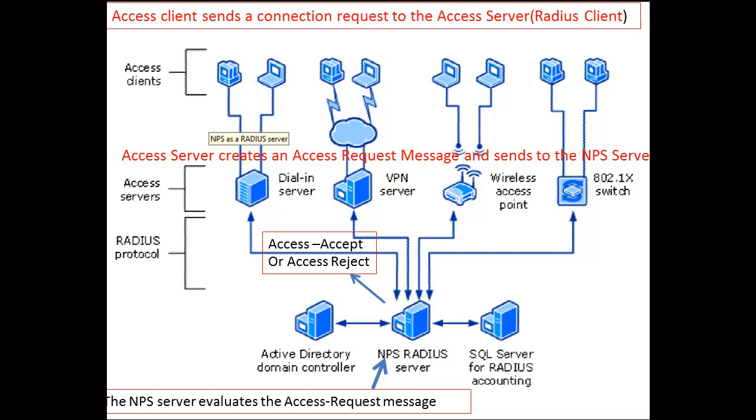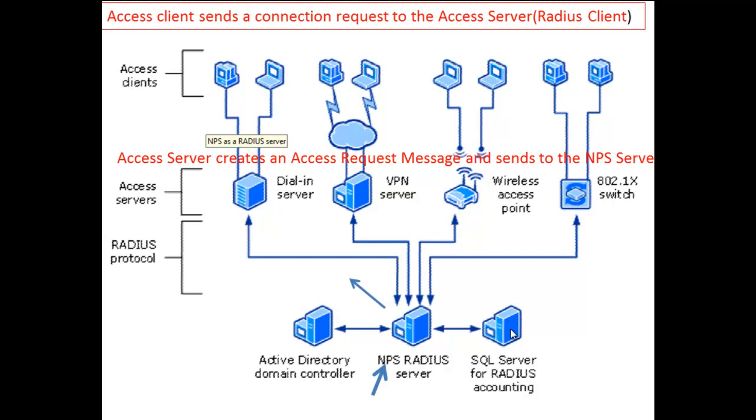It also has to keep a copy of the connection request in the SQL server. So the SQL server will have a database, and that database is going to contain information about the client that is accessing the corporate network.